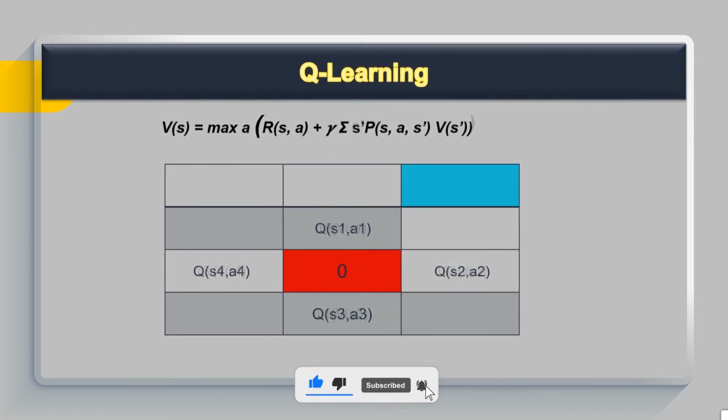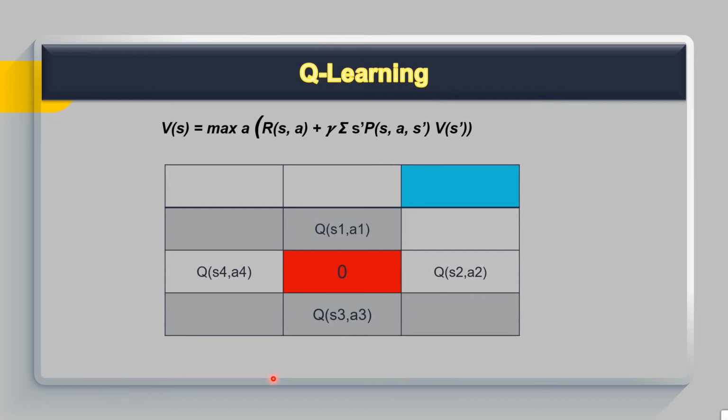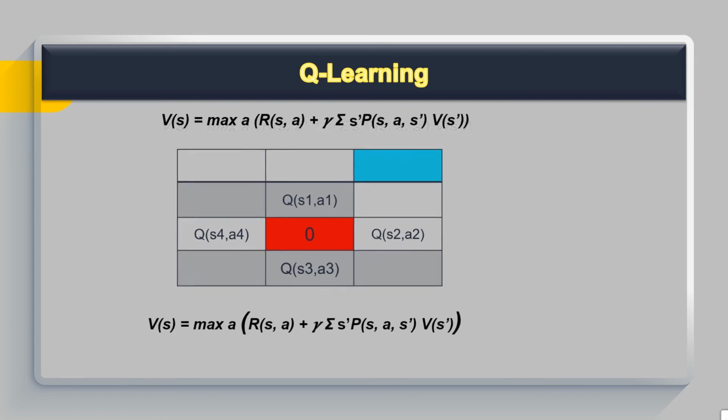So instead of 0.8 V(s1) we will have Q(s1, a1), Q(s2, a2), Q(s3, a3). Now the robot has 4 different states to choose from, and along with that there are 4 different actions for the current state it is in. So how do we calculate Q(s, a), that is the cumulative quality of the possible actions the robot might take? Let's break it down.